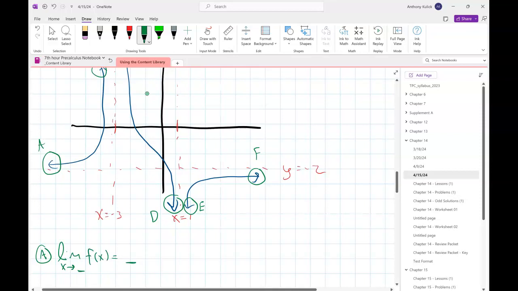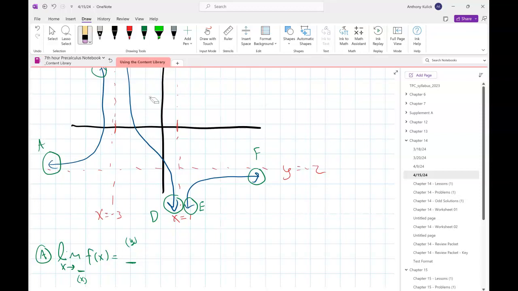So every limit notation is going to look like this. We just have to fill in the value for x and then fill in the value that it's equal to. Right? We have to write down what x is approaching and then what the y is approaching. Everybody's okay? So let's look at that arrow for A. What x value is that arrow pointing at? Negative infinity.